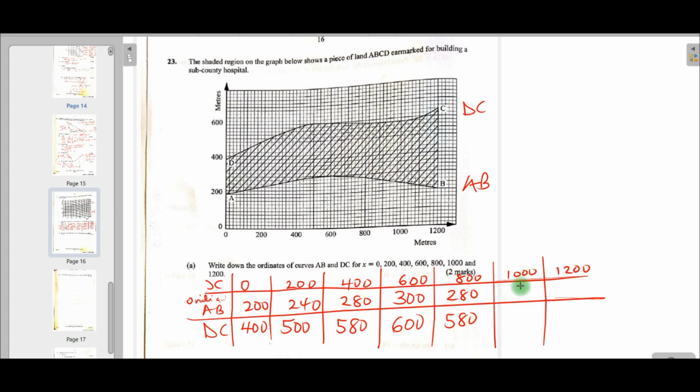Then for 1000, the ordinate for curve AB is 240. For curve DC at 1000, it is 580. And lastly, for AB, when x is 1200, it is 200, and for curve DC, it is 640.